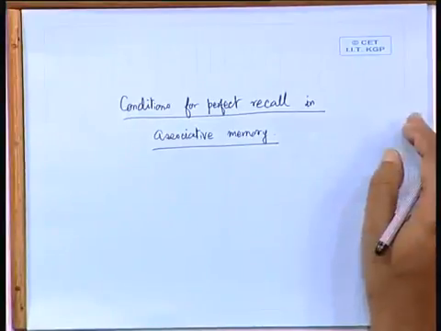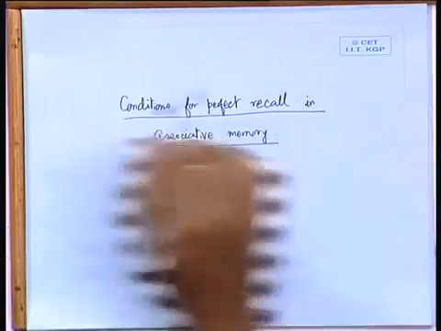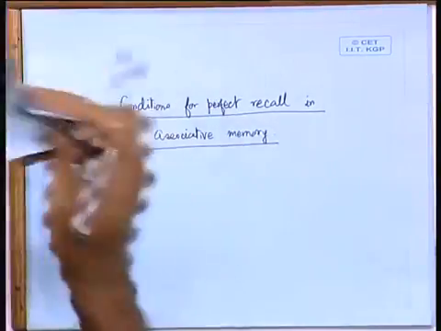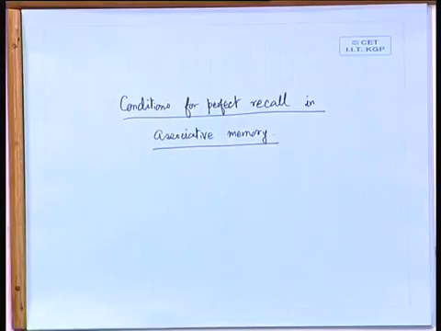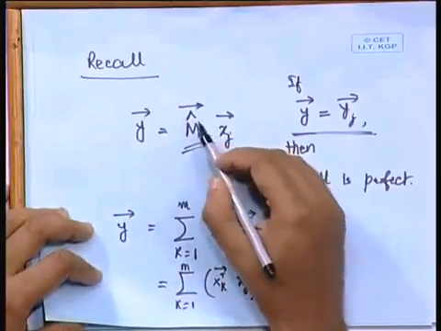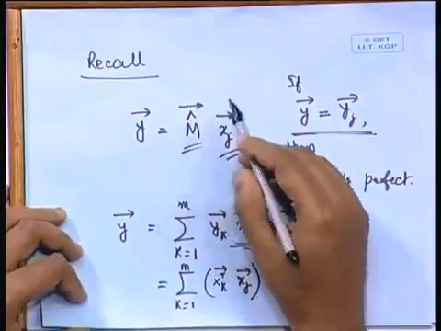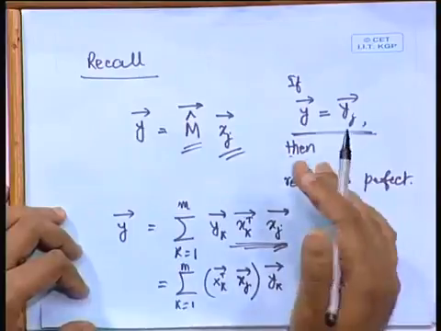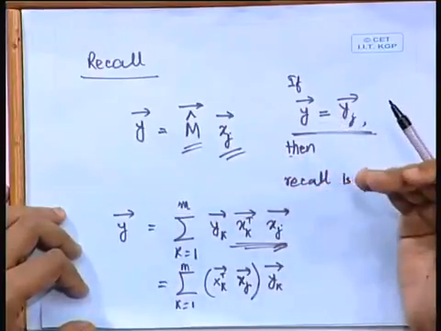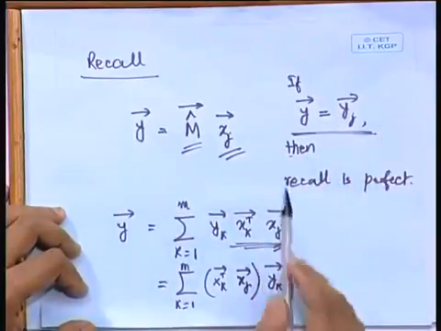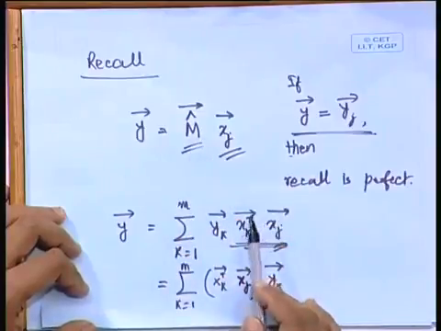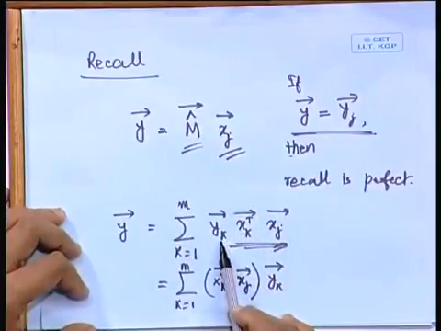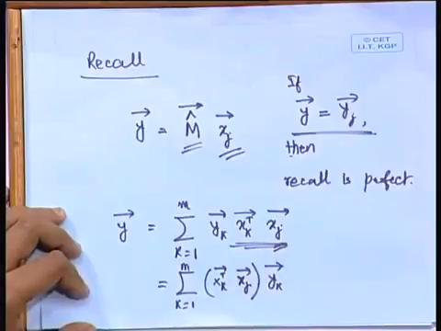So let us try to recollect what we were doing in the last class. As you remember, we had an estimated memory matrix M cap, which was realized out of the correlation in the way that we had considered that M matrix to be the outer product of Yk and Xk transpose.